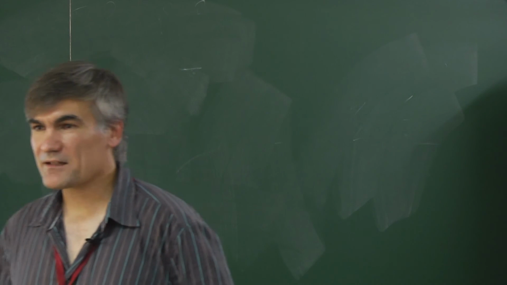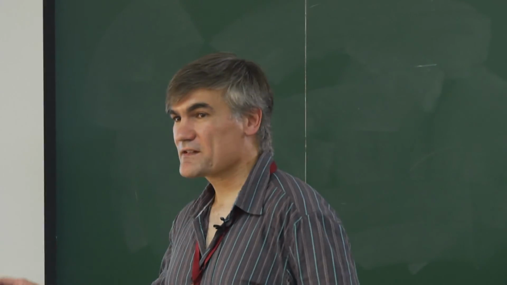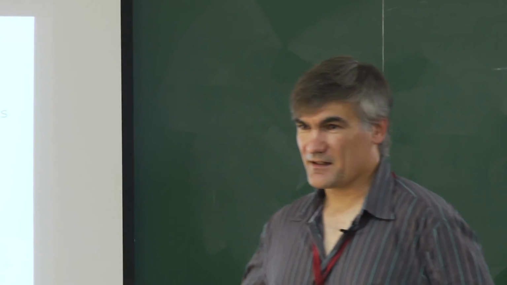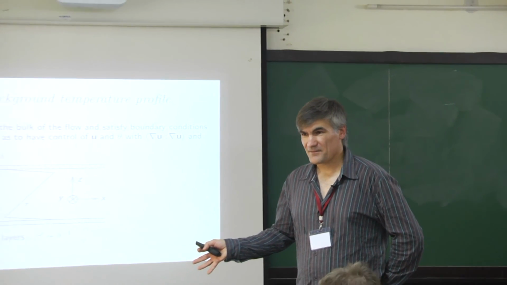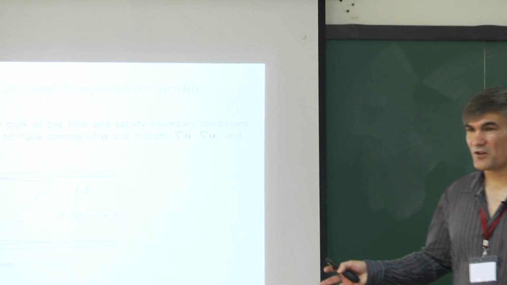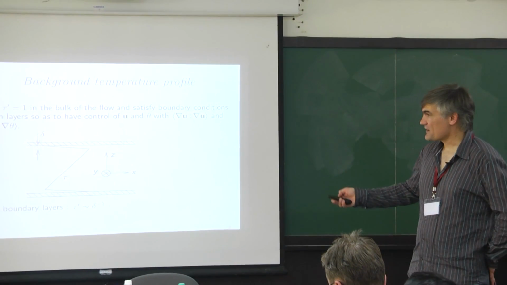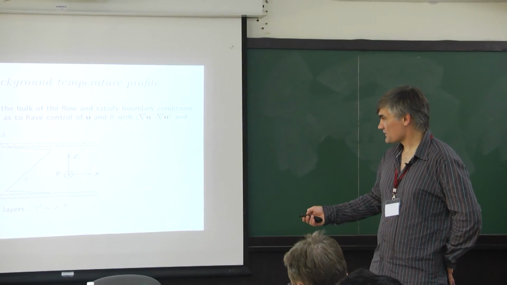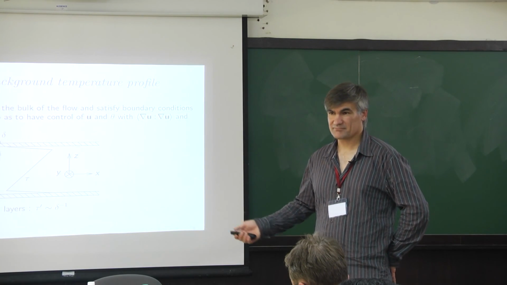This is just the background profile for this analysis, which for this type of analysis gives the lowest possible upper bound. We want the lowest possible upper bound, okay? And it turns out that for this analysis, this is what we need to take.